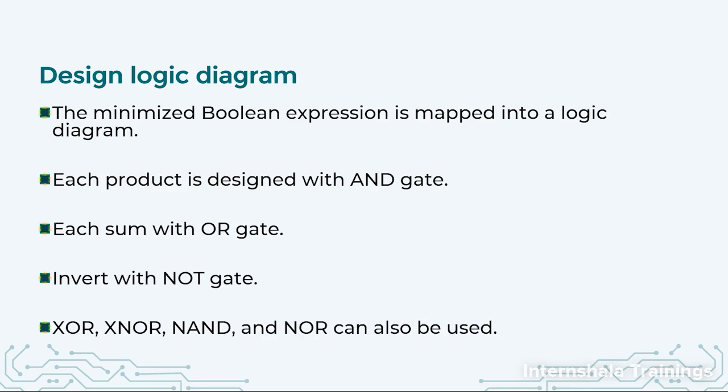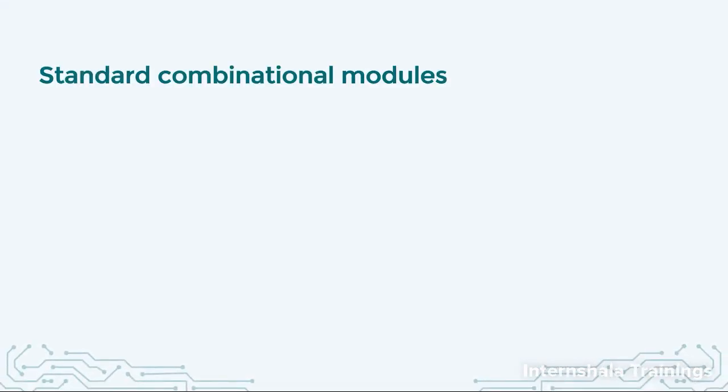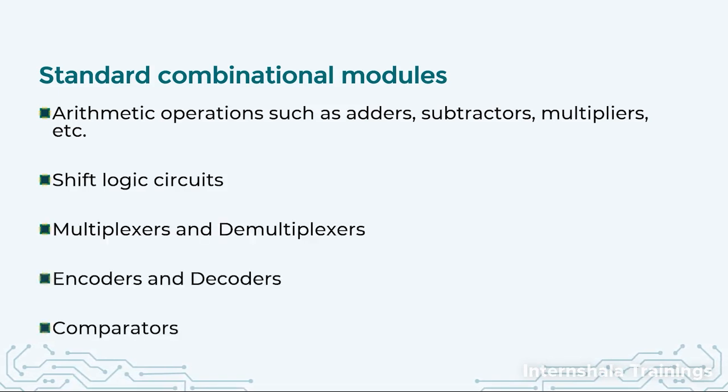So let us talk about some standard combinational circuits and modules that we are going to discuss in this training program. We will take arithmetic operations such as adders, subtractors, multipliers and all. We are going to work with shift logic circuits also. That means how can we shift the data. We are going to talk about multiplexers, demultiplexers, encoders, decoders and comparators.